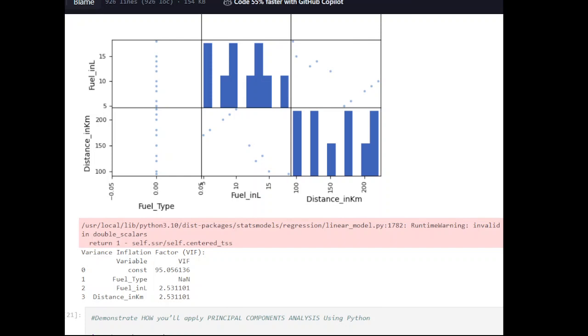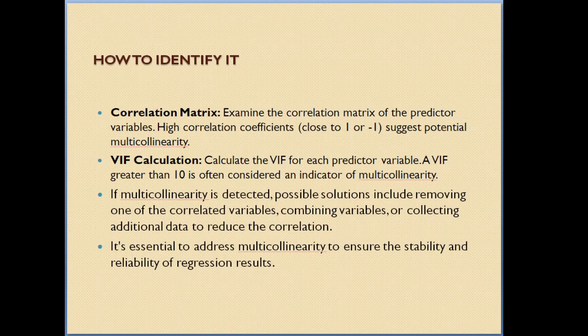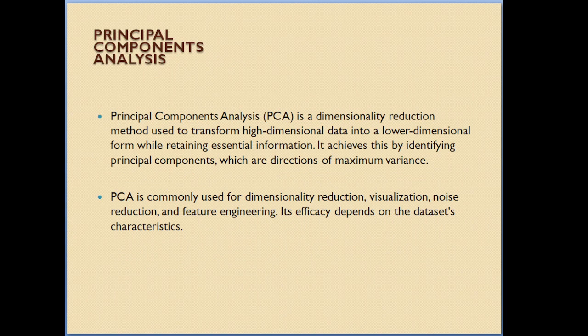Next to multicollinearity, we have PCA, which is principal component analysis. Principal component analysis is used just for reduction. If we have to transform high dimensional data into low dimensional data, we reduce it through PCA.